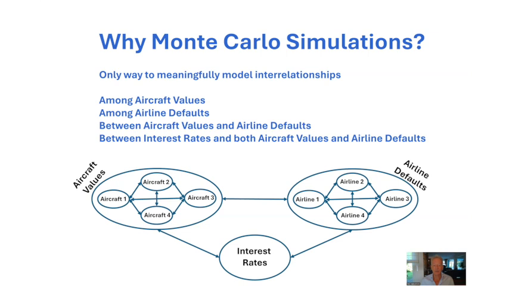And then we have correlation between interest rates and both aircraft values and airline defaults. I think of this as a triple whammy. Very often you've seen that when airlines tend to default, aircraft values are down, but also typically interest rates are low because we are in an economic slump. And that means that we're probably going to face, if we have fixed rate loans and leases, breakage cost.